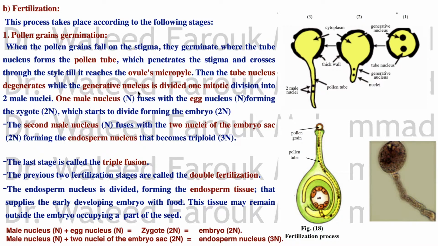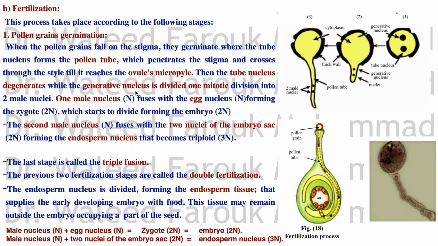The generative nucleus divides by one mitotic division into two male nuclei. One male nucleus, which is haploid in number, fuses with the egg, forming the zygote. Okay? And the zygote becomes 2n, of course, because the haploid numbers fuse together, and then start to divide, forming the embryo, 2n.